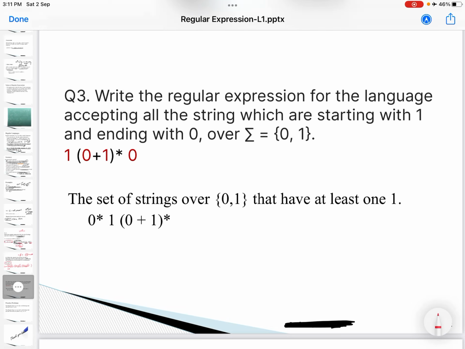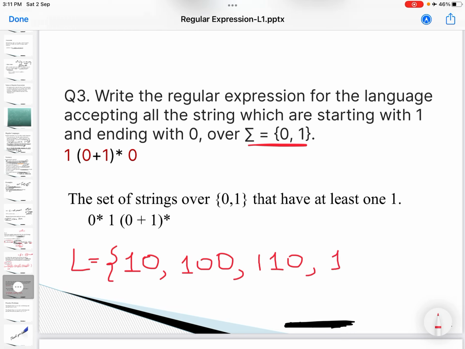Write a regular expression for a language accepting all strings which start with 1 and end with 0 over alphabet 0, 1. So the language will be starting with 1, ending with 0. In between you can have 0 occurrences, which means in between there is epsilon. Then you have 1, 0, 0, 1, 1, 0, 1, 0, 0, 0.